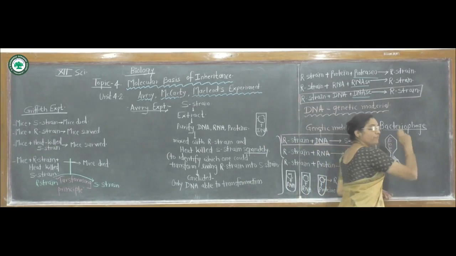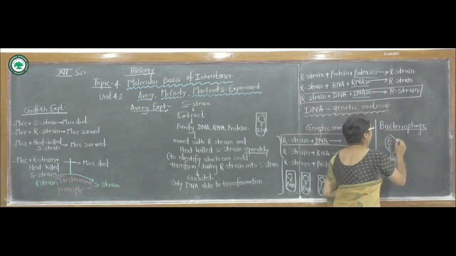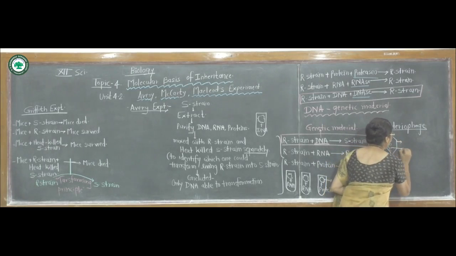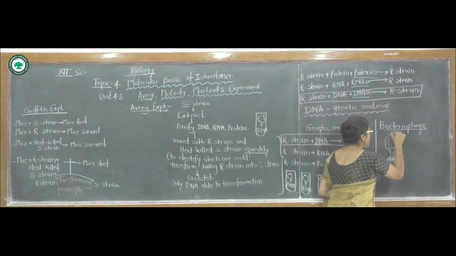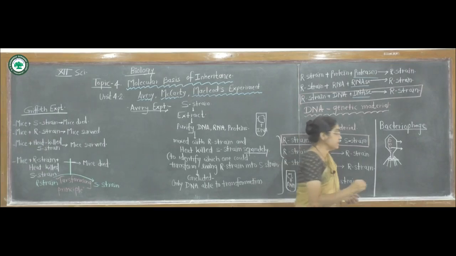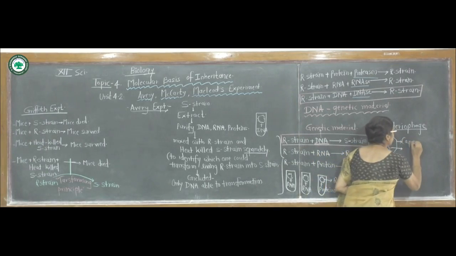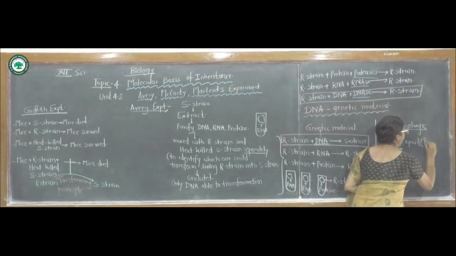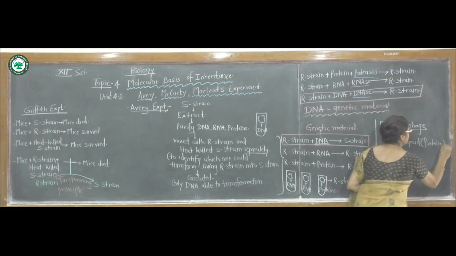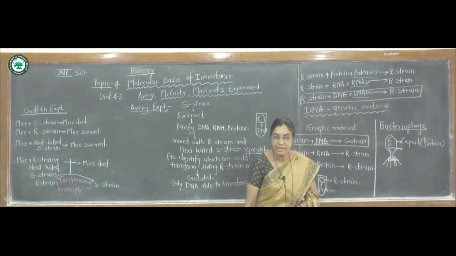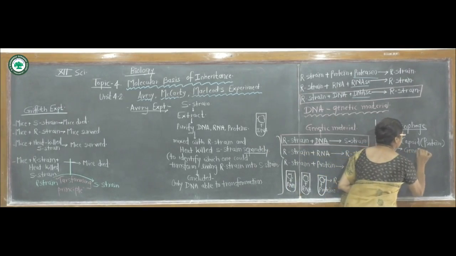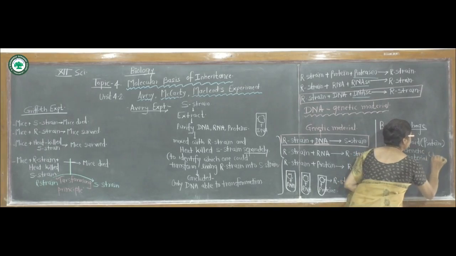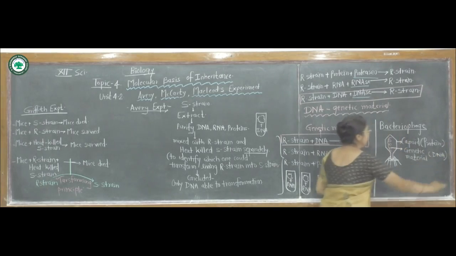The bacteriophage virus is composed of only 2 components. The coating is the proteinous coat, termed the capsid, and the capsid is composed of protein, and inside the capsid the genetic material is present, which is the DNA.